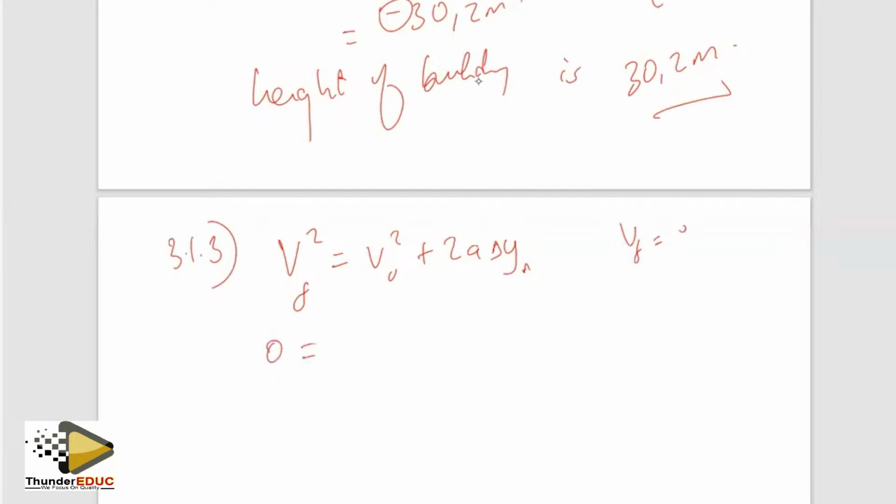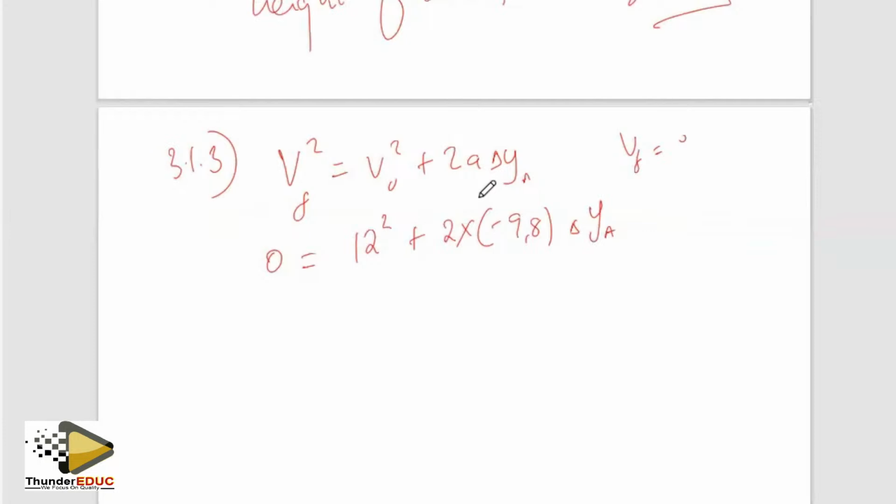So 0 is equal to 12 squared plus 2 times negative 9,8 times delta Y. Okay, so that's going to be 144 minus 19,6 YA equals 0. Move the 19,6 to that side, which is equal to 144.